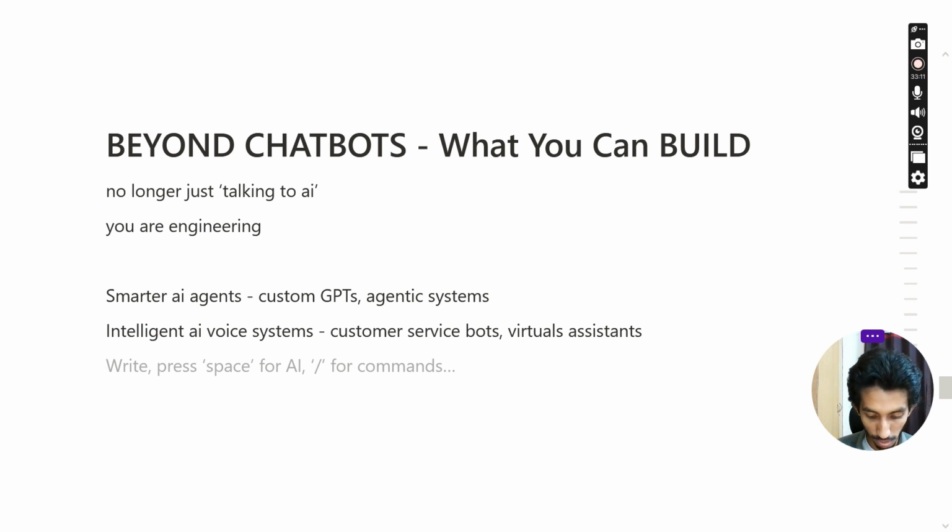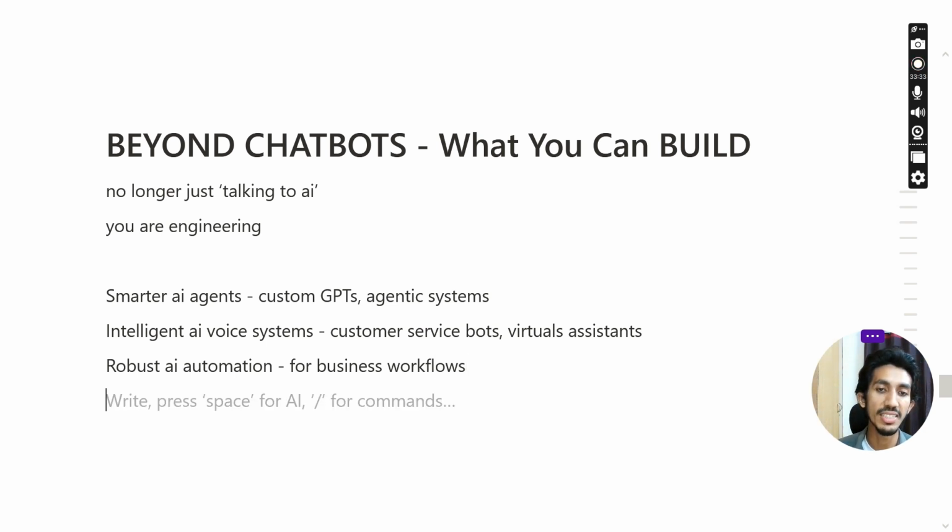Then we got robust AI automations, and you can actually integrate AI into your business workflows to handle tasks reliably and faster, saving time and money, for business workflows or anything in your work that needs some kind of repetitive tasks.